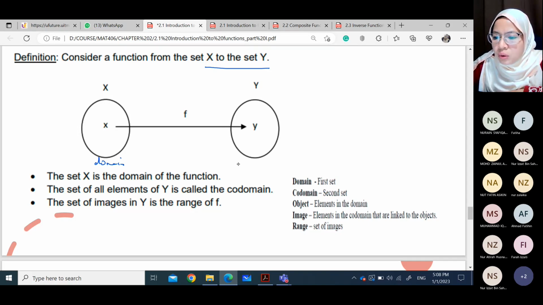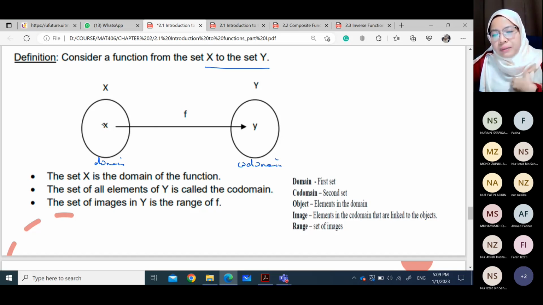And Y is the codomain. Based on this diagram, we can also say that the value of Y depends on X.